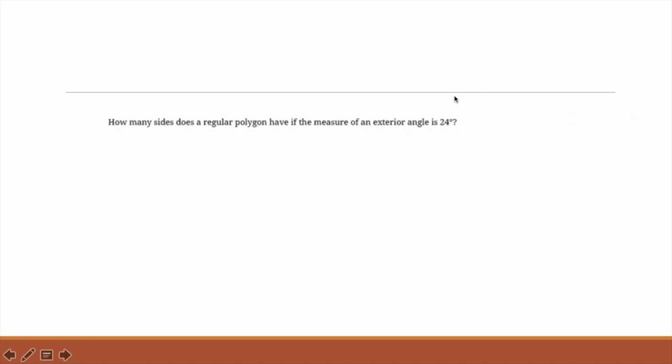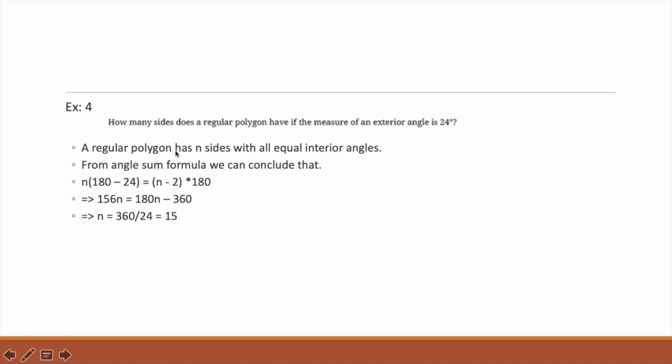So he's saying the exterior angle is 24 degrees, then what is the number of sides? Now it's good to know: a regular polygon has n sides with all equal interior angles. So we need to just use the angle sum formula to calculate it.